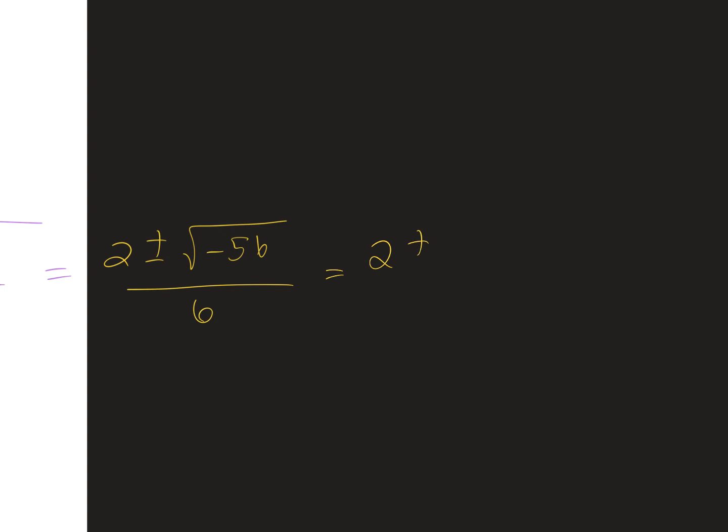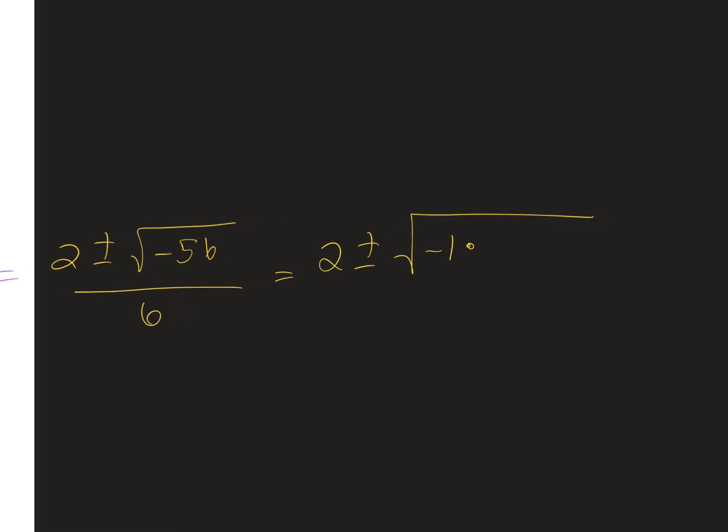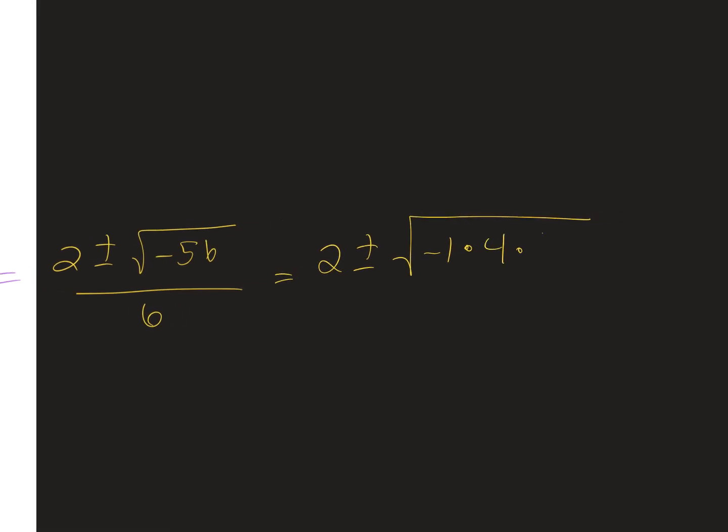I'm going to break down 56 into -1 times 8 and 7. But neither 8 nor 7 are perfect squares. But 8 has a perfect square in it. What is it? 4. What's 7 times 2? 14. So does 14 and 4 work? Yes, it does.